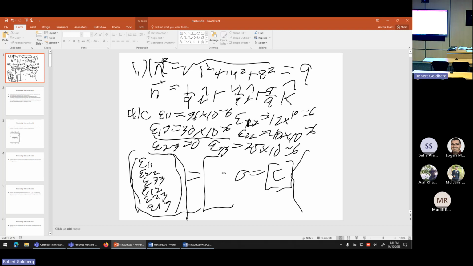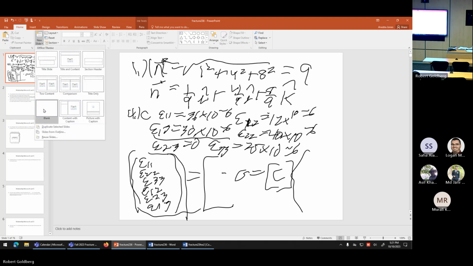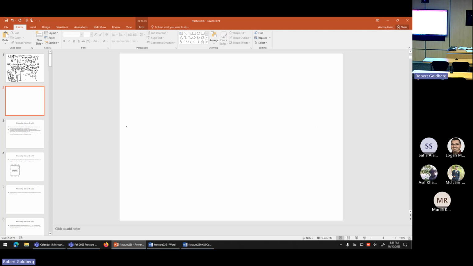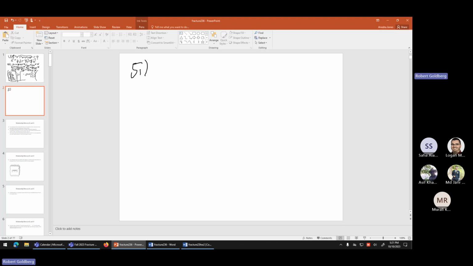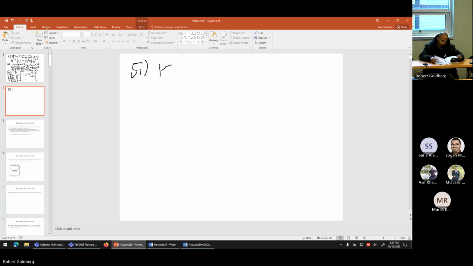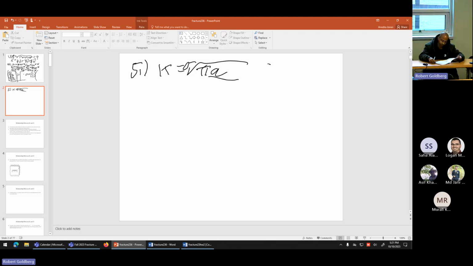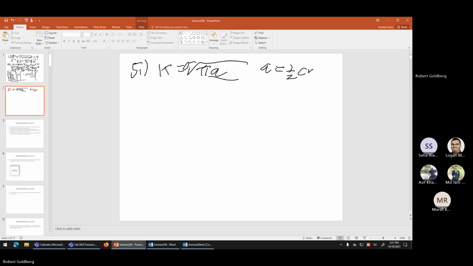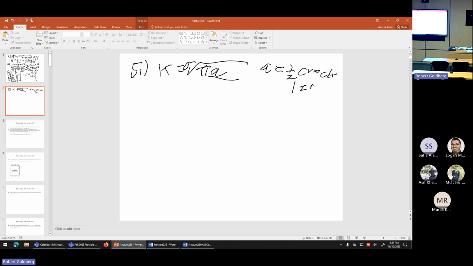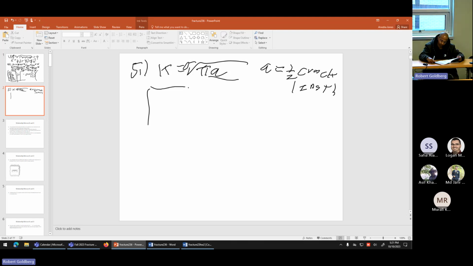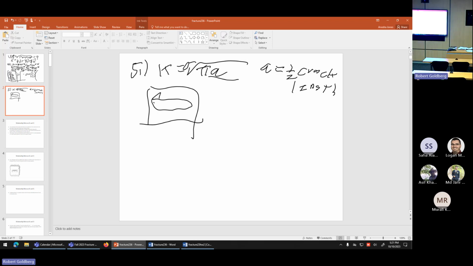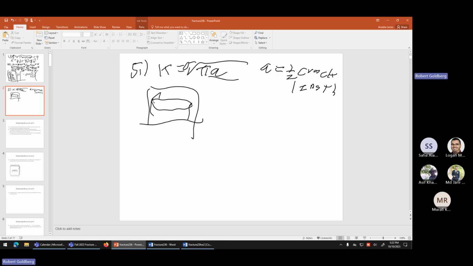And then the other thing that several of you had problems with is that in problem 5, when you have K equal to sigma times the square root of pi times A, this A is the half crack length by the convention that we were given, because the way we defined it, if you had this infinite crack, we defined this total crack length as 2A.